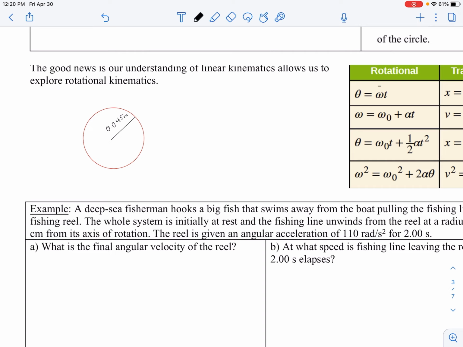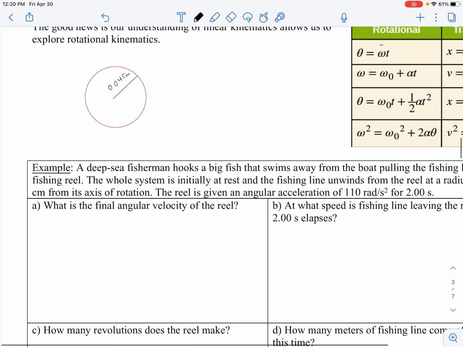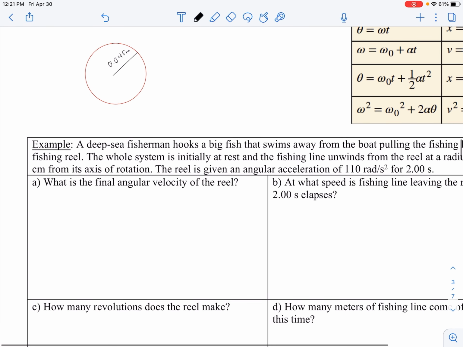And we're trying to figure out what is the final angular velocity of the reel. Now, notice we have all these different kinematic equations over here, and they all are analogous to their translational or linear partners. So the nice thing about this is all our kinematic functions are exactly the same. The way we go about it is the same. Our steps are the same, etc.